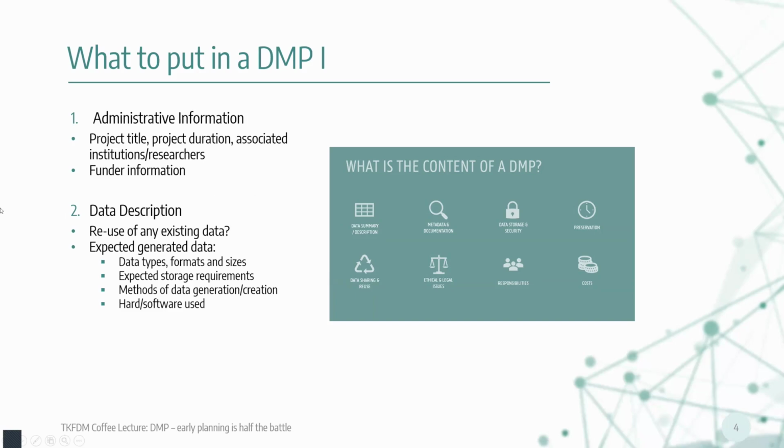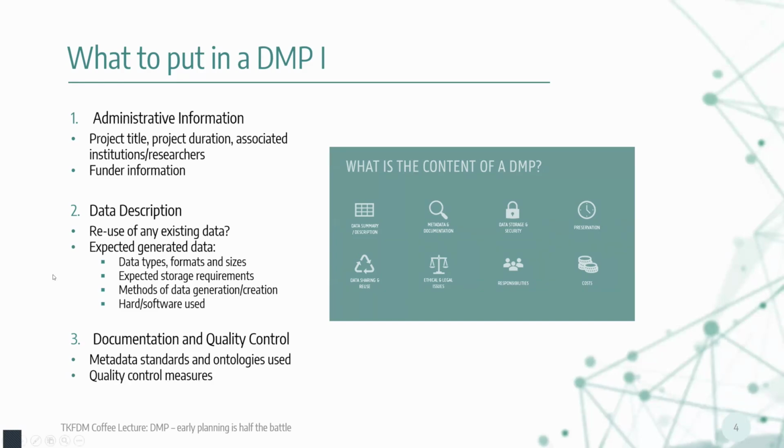That would be a fairly big chunk of your data management plan, the meat and bones of it. Then a third section will generally be dedicated to documentation of the research data and quality control. Here you might want to include whether you're going to use any metadata standards to describe your data, whether you're going to use any controlled vocabularies or any ontologies, and if so, which ones, as well as any quality control measures that you're going to be implementing in your research project.